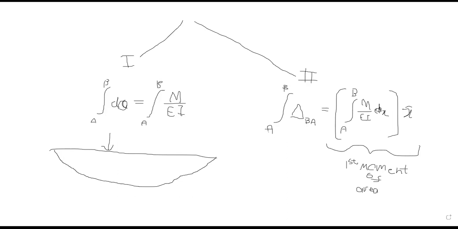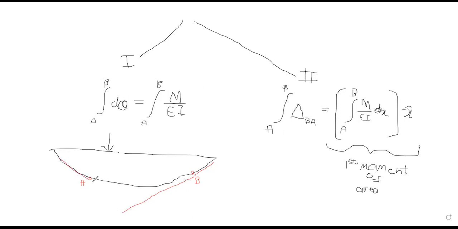It says the difference between two slopes at particular joints. I take this point, I call this A, I call this B, and I need the slope.